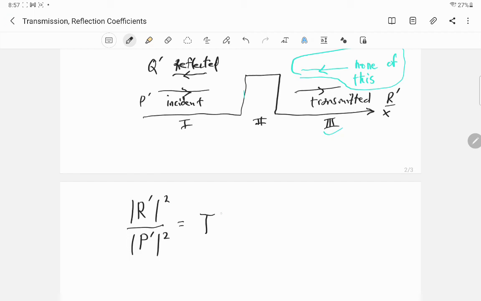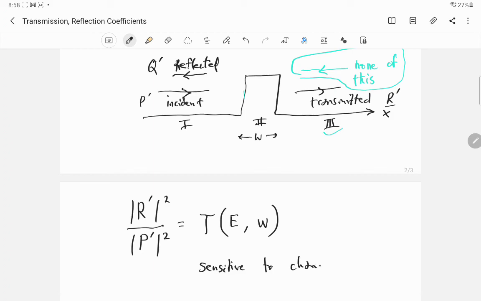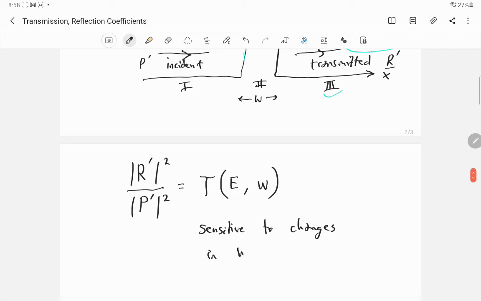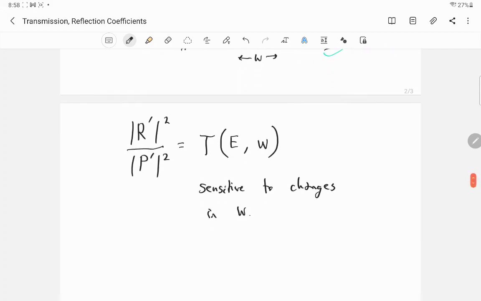And you'll see that actually it's a function of the energy of the particles that are incident, but also an interesting thing to keep track of is how this transmission coefficient is related to the width of the barrier. And we're going to see that this is extremely sensitive to changes in W, right?